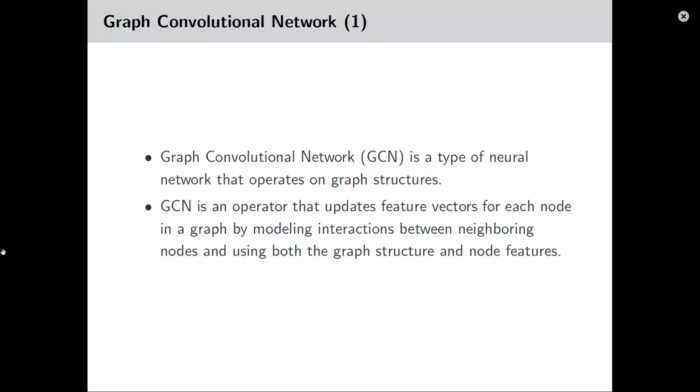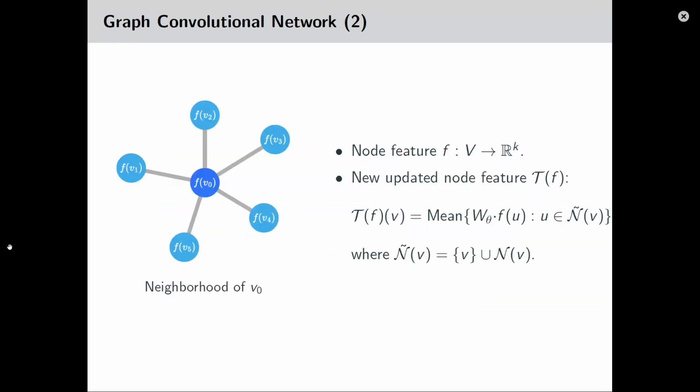Okay, now let me explain the GNN that I used. I used a graph convolutional network, which is GCN for short, which is one of the simple models in graph neural networks. What GCN does is update the node features of a graph using its graph structure. To explain in more detail, let's say we have node feature f, which is just a vector for each node.